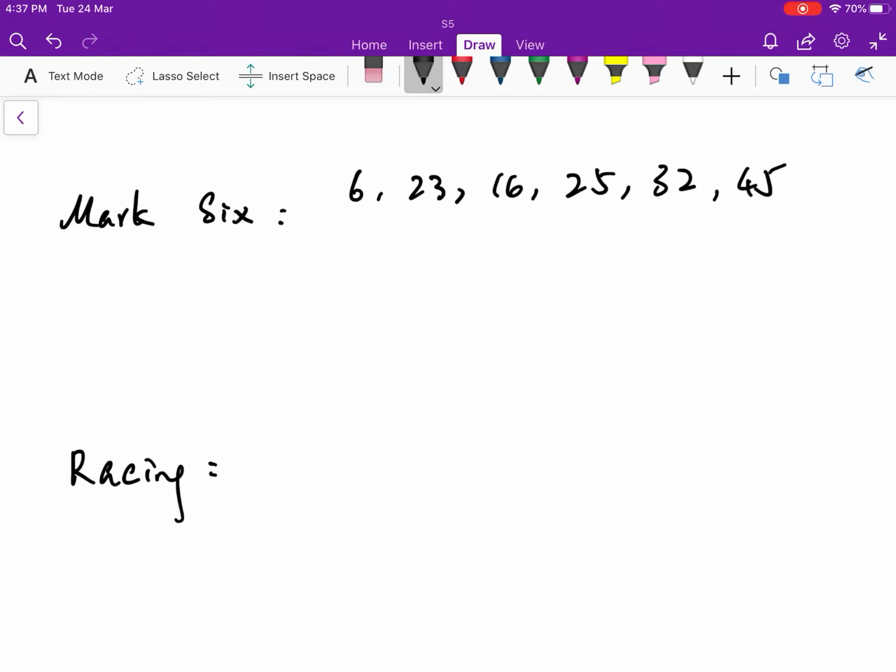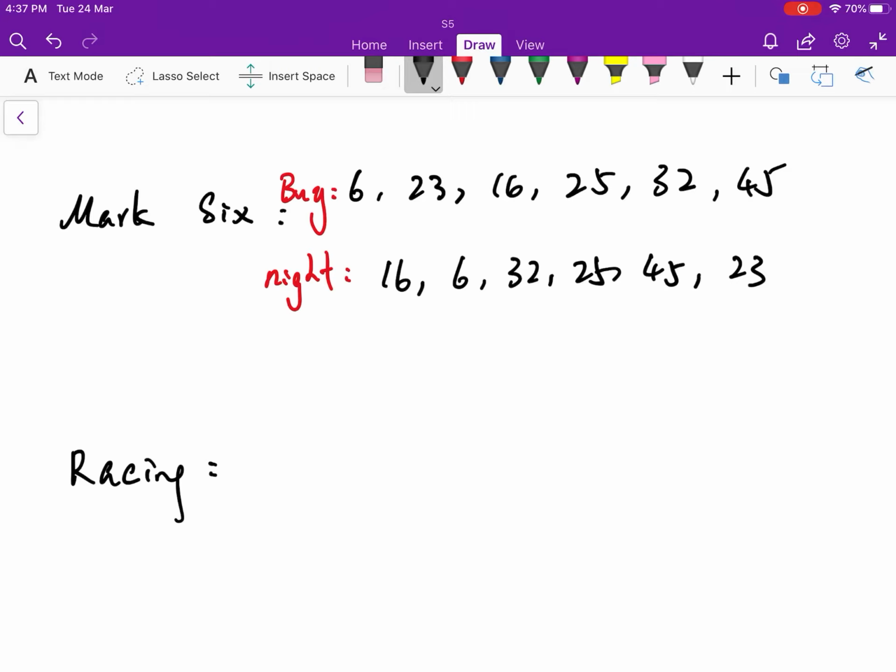So if I buy this one, then at night they give us the results. Maybe the lady or gentleman on the TV shows that the first number drawn is 16, second is 6, then 32, 25, 45, then 23.